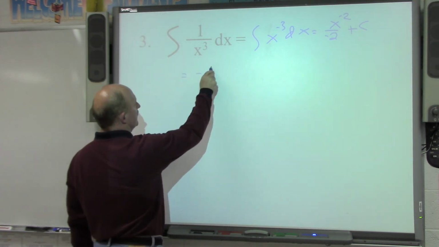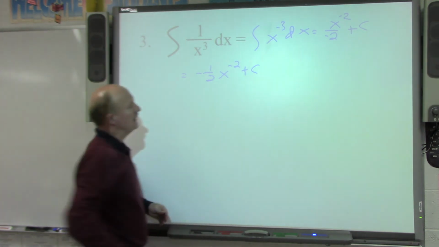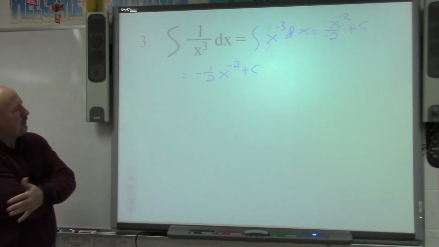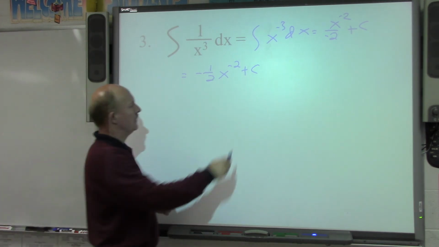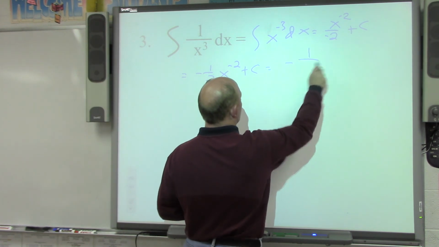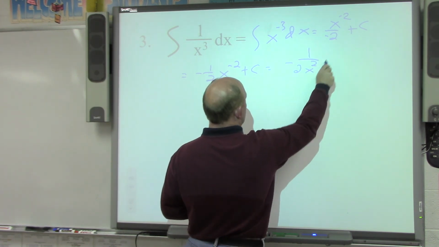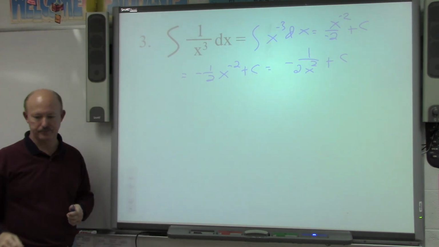This will be negative 1/2 x to the negative 2 plus c, and we probably would not want to leave that negative exponent in here. So if you rewrite this without the negative exponent, this would be negative 1 over 2x to the second power plus c. So if you write it without the negative exponent, this is what it would look like.